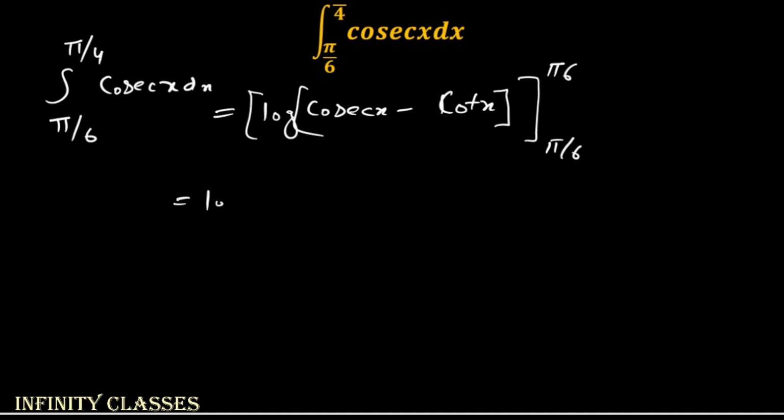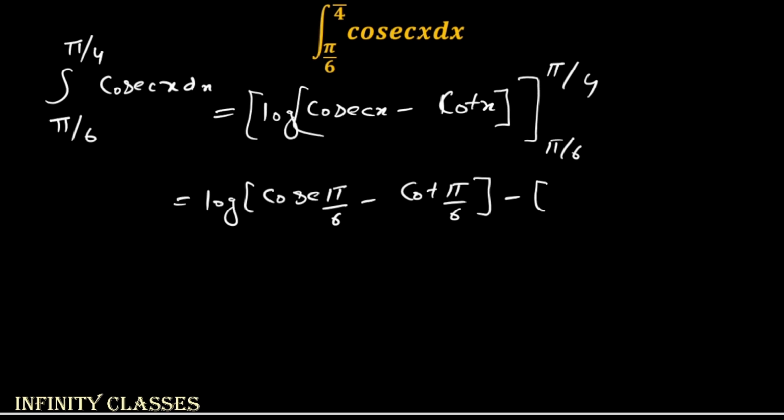So this one is first upper limit, cosec pi by 6 and cot pi by 6, minus lower limit. Sorry, one mistake there. Upper limit is pi by 4.